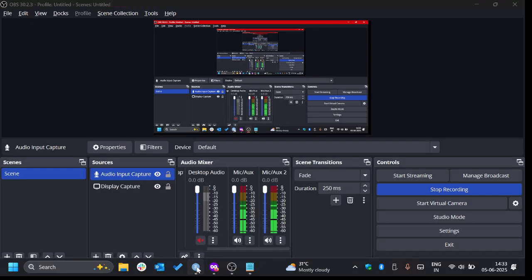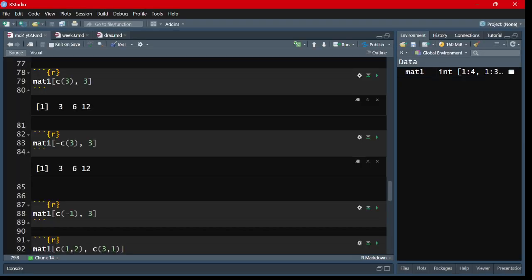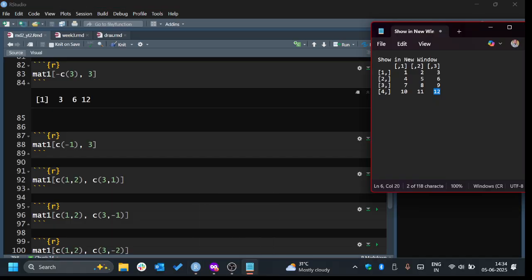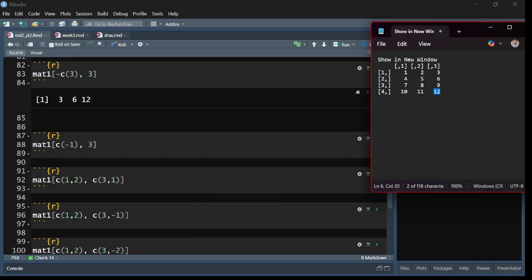Let's go and check other problems. So now what will be the output for this? Definitely we will remove the first row and we will select the third column for the remaining rows.